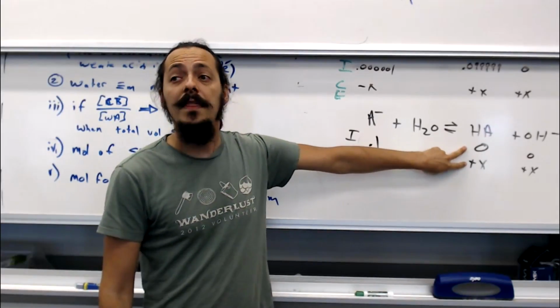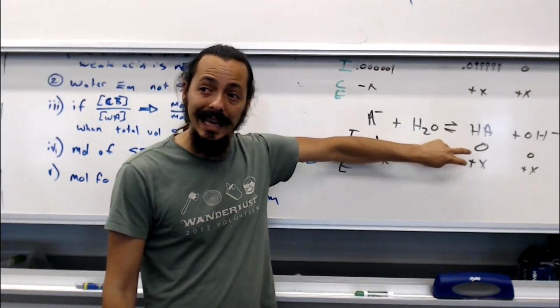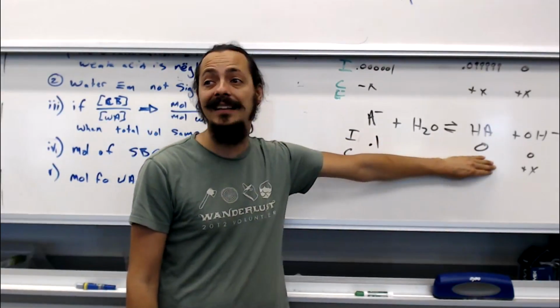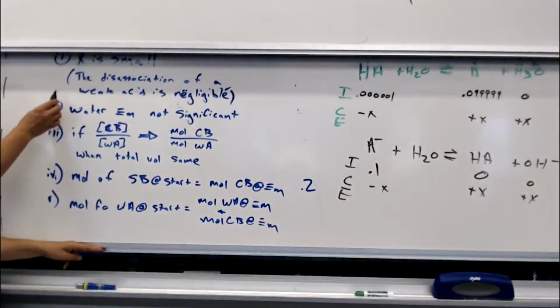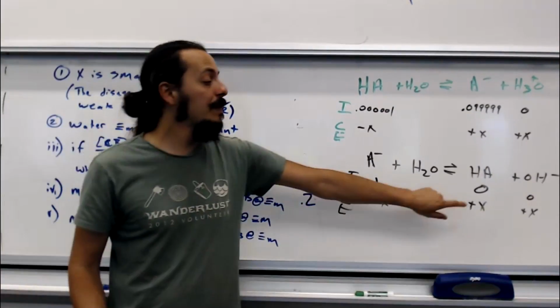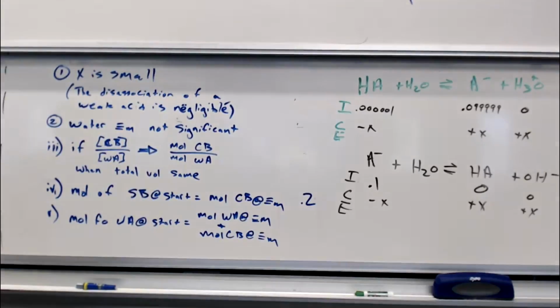Definitely. The Henderson-Hasselbalch equation would not catch that. It assumes that X doesn't matter, because it assumes the X is small approximation works for both the conjugate base and the weak acid, and that would be a problem. That wouldn't work. So when we get to the equivalence point, the Henderson-Hasselbalch equation as a shortcut fails.